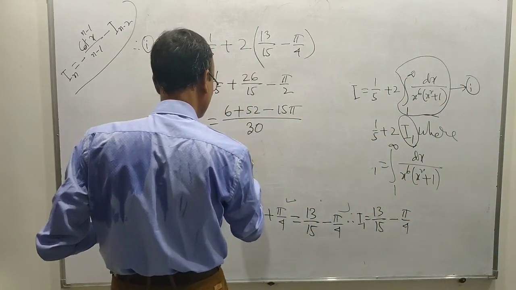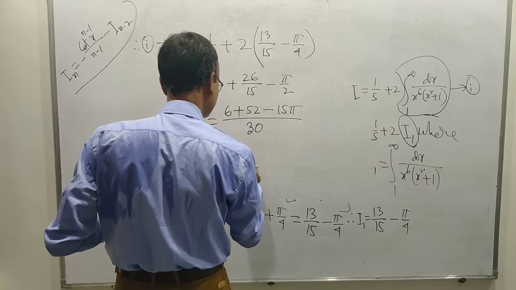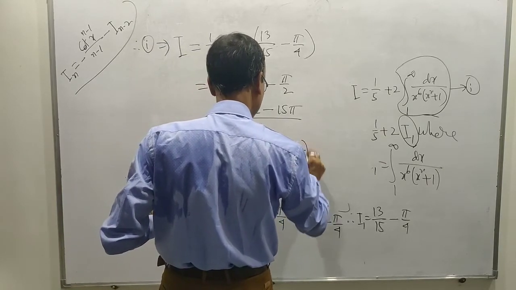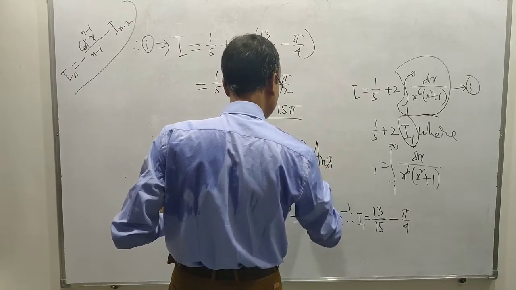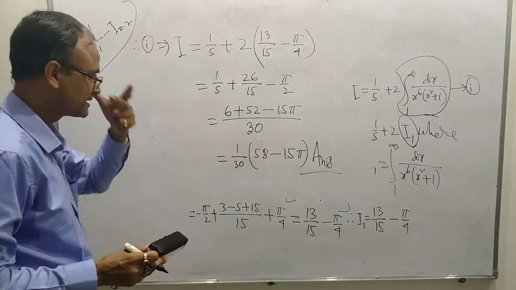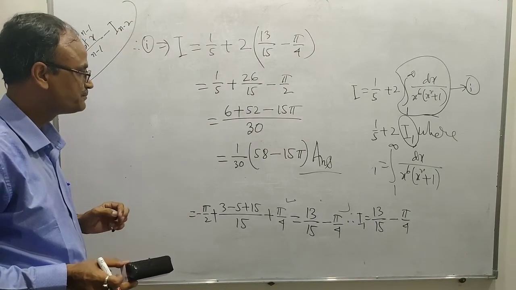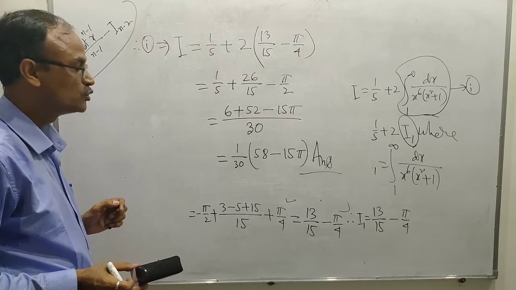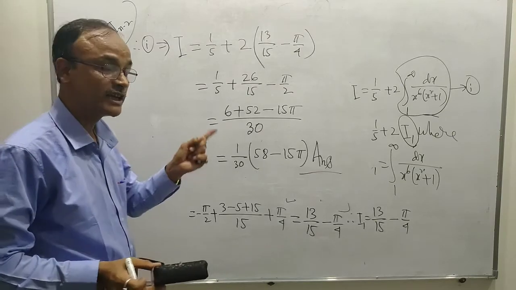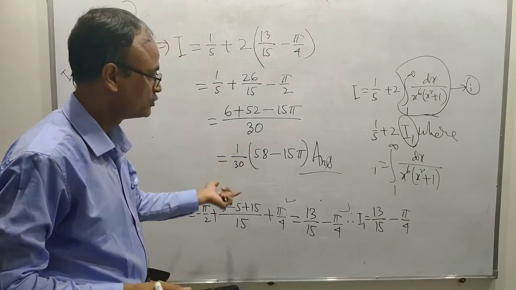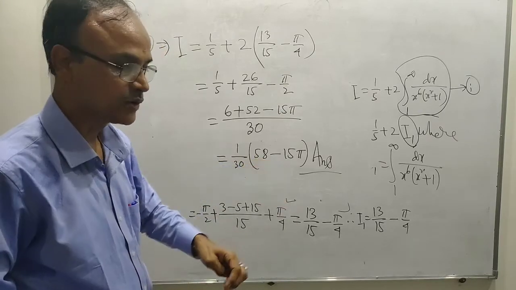This is equal to 1 by 30, 58 minus 15 pi. This is the answer. 1 by 30, 58 minus 15 pi. This is the answer of part 2, the integration from 1 to infinity of x square plus 3 divided by x to the power 6 into x square plus 1.